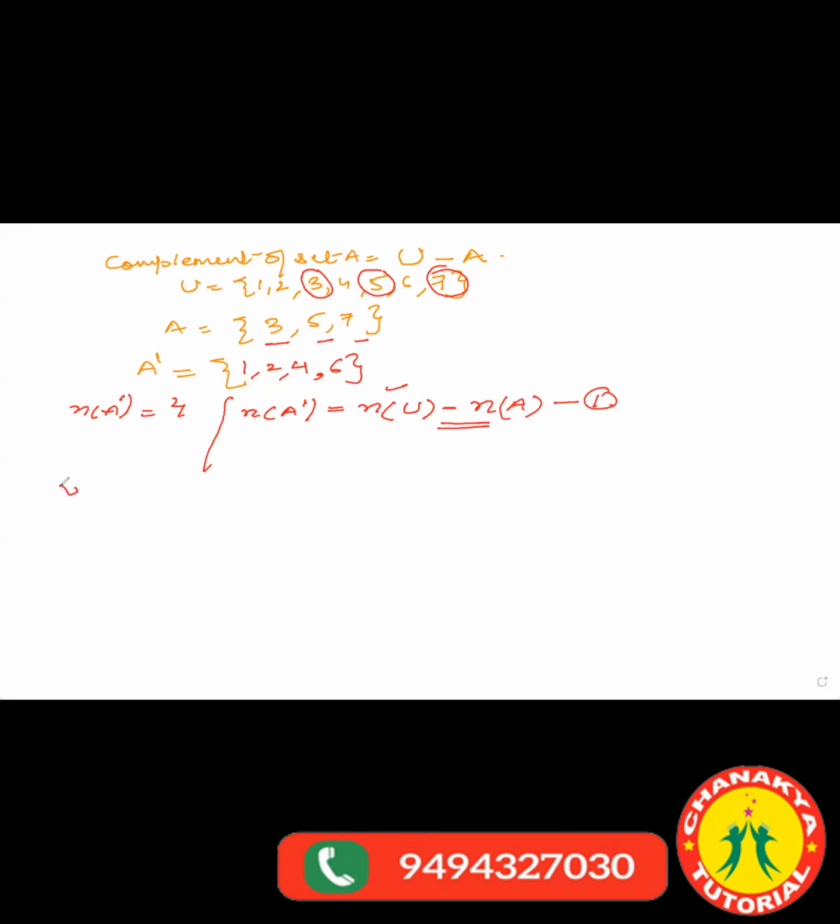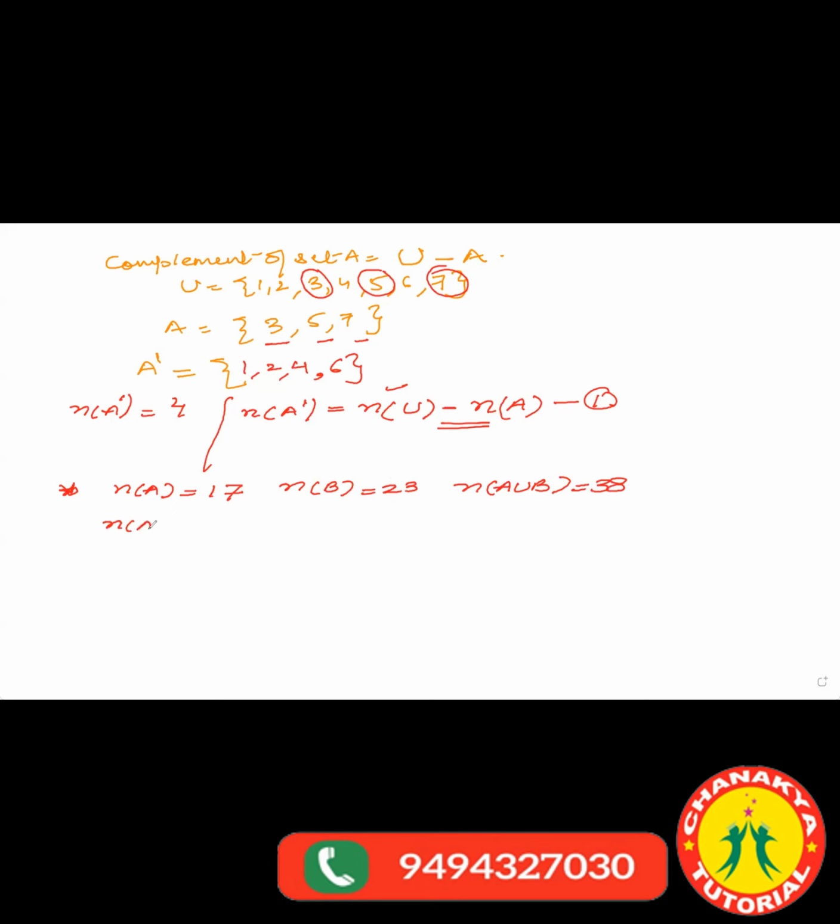Suppose A and B are two sets, and the number of elements in set A is 17, in set B is 23, and the number of elements in A union B is 38.